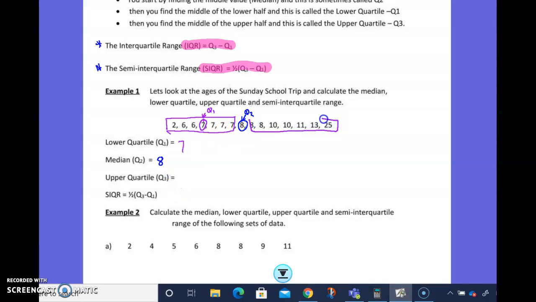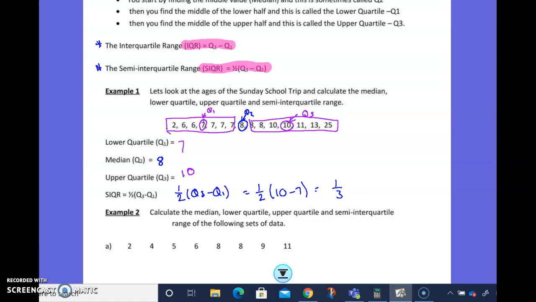Do the same the other side. Here we're going from this 8 to this 25. So again, 7 numbers. And that gives you my Q3, which is 10. So my semi-interquartile range is a half of Q3 take away Q1, which is a half of 10 take away 7. 10 take away 7 is 3.